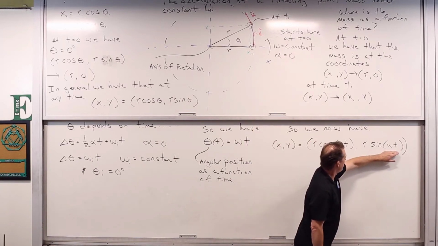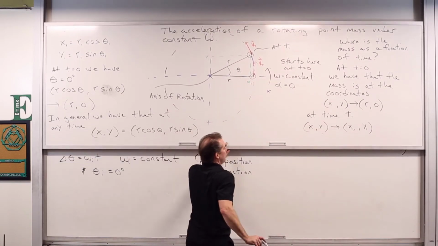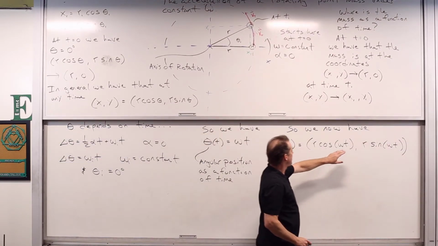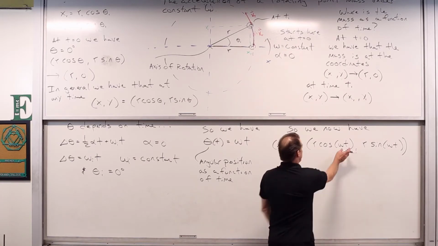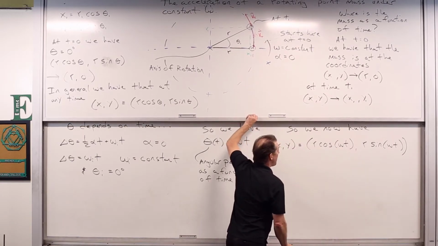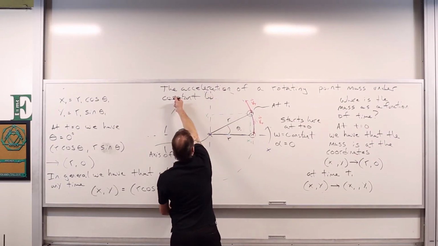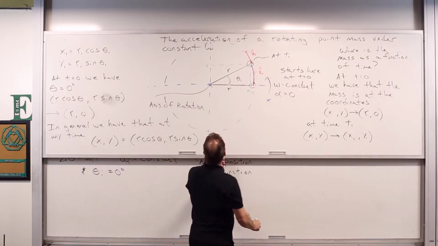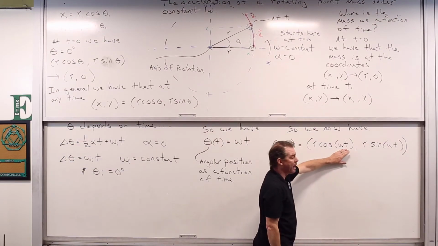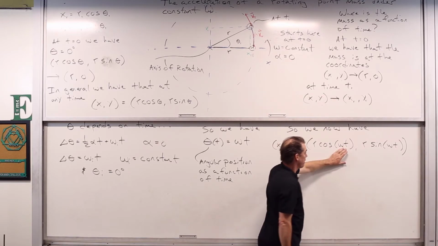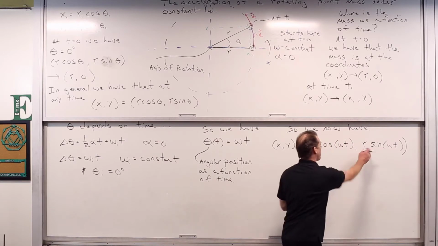We throw in a 0 for t, and we are at this position right there. What happens when omega t is equivalent to pi over 2? The object will be right up here, moving that way, and its position should be 0, r. If we put in omega t equal to pi over 2, the cosine is 0, and the sine is 1, which gives us 0, r.